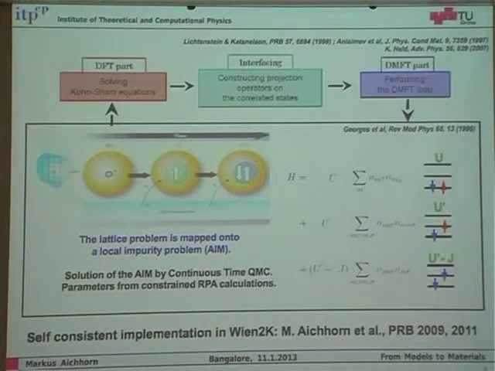So this we do by applying our LDA plus DMFT scheme to this material. There are very nice reviews on this. This is one of the first papers, but then there is a nice review by Karsten Held, and a Reviews of Modern Physics article by Gabi Kotliar on this whole method, so you can read all the details there. I just want to give you a flash of what you do.